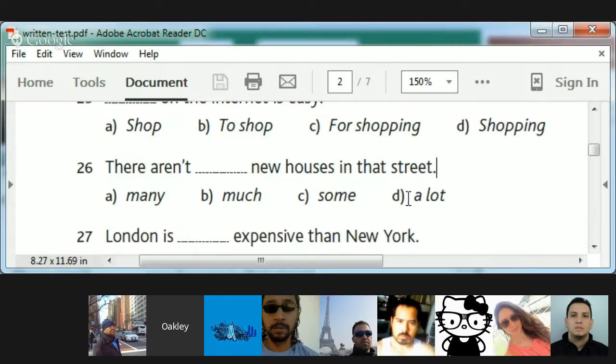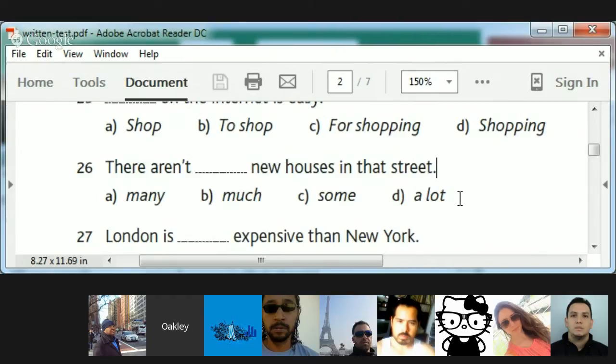Much, many new houses. There aren't many new houses in that street. Make up my mind. Which is it? I want to select one that makes sense. Just a second. There aren't many new houses in that street.